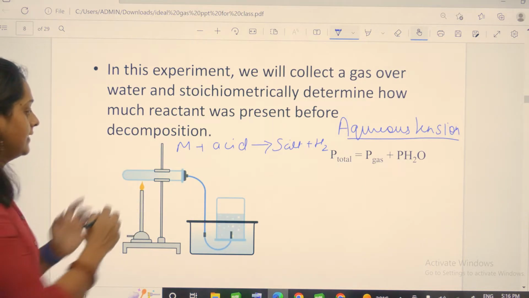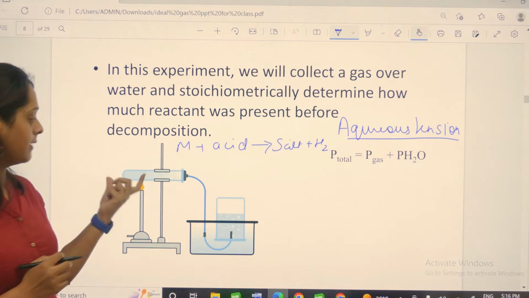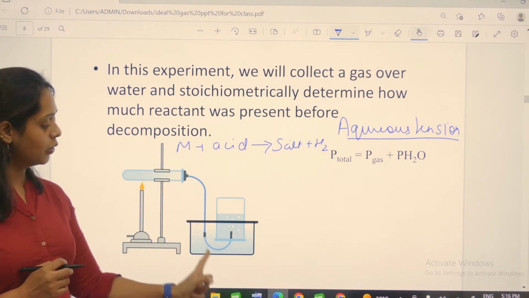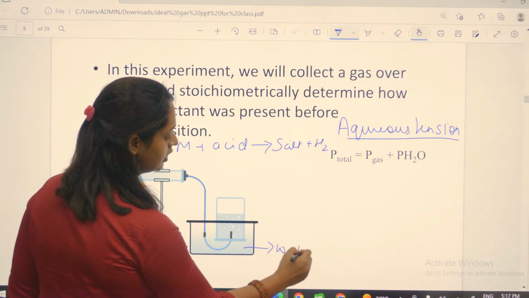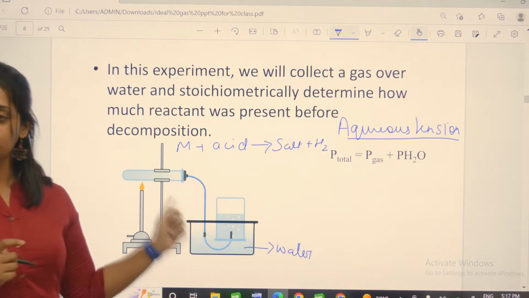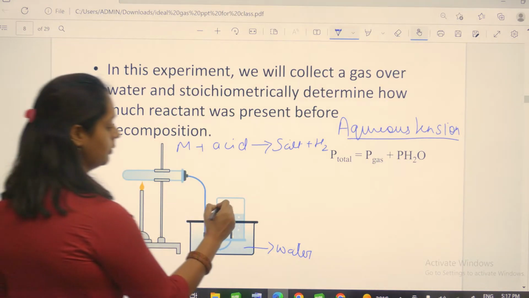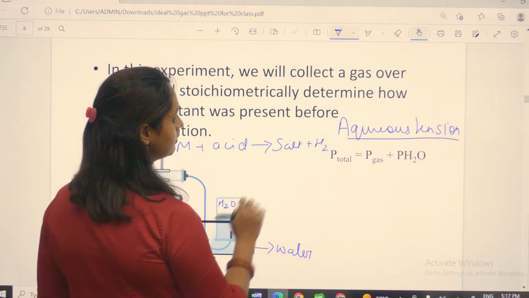Now, let's say I have this tube-like structure with my metal and acid inside it, and it is sealed. And the pipe which is going through it, and this is water. The hydrogen gas which will be released will be collected over here.